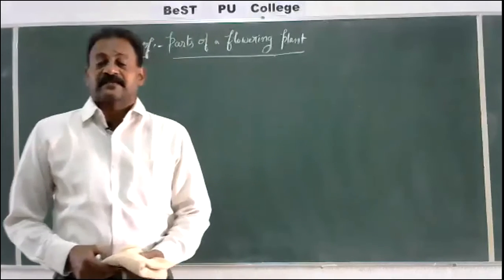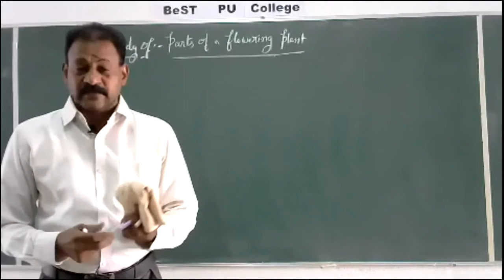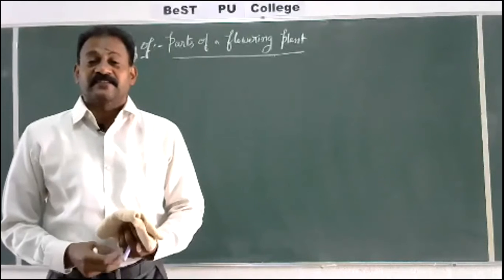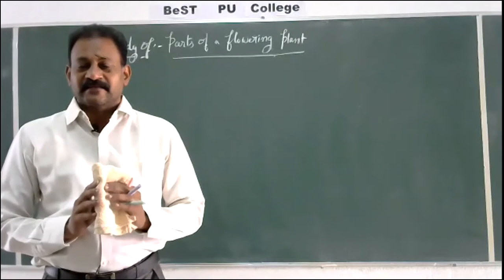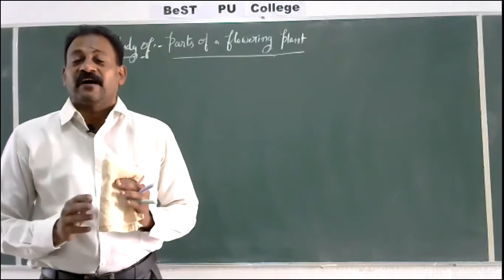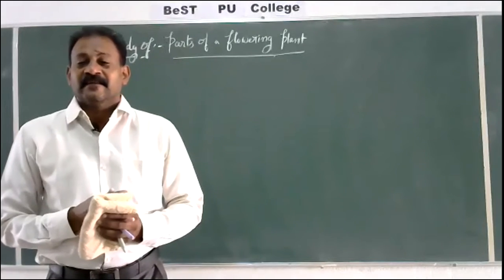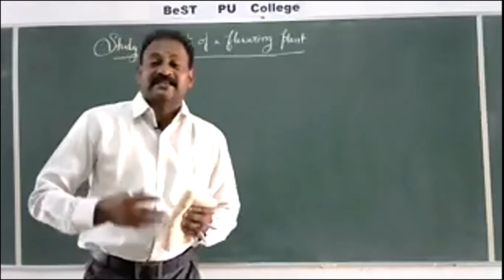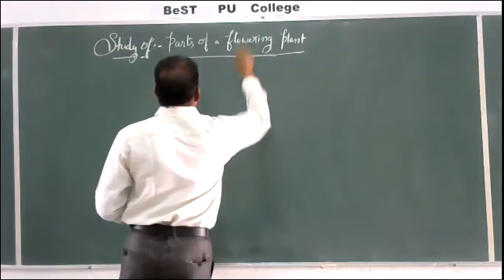In the previous class, we have completed the introduction part and the classification of plants. To understand morphology of flowering plants, the science which deals with the study of form, structure, shape, size and characters has to be started by understanding the parts present in a flowering plant.